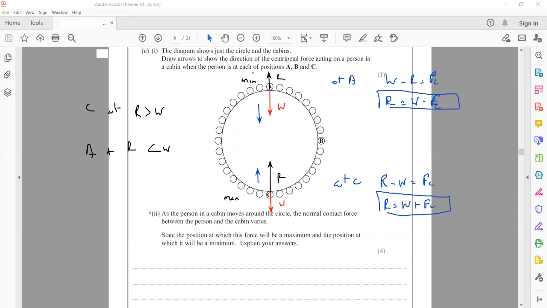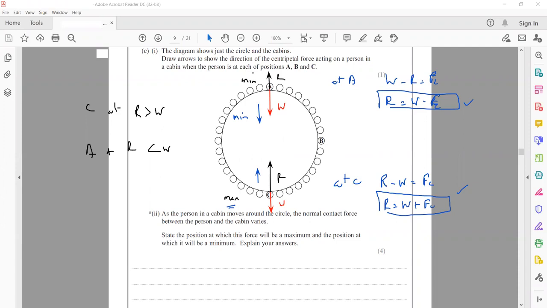So you will get 1 mark for mentioning it is maximum at C and minimum at A. Then you will mention this equation, that is the second mark, and this equation will be the third mark. And what is the last point?